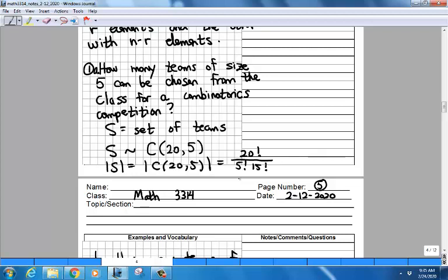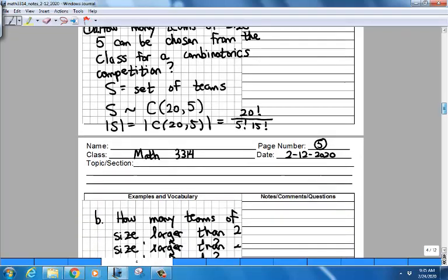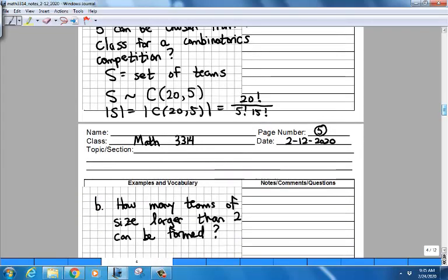I'm not going to do the calculations there. By the way, you may wonder, and this is a good question, why this number of teams of size 5 has to be an integer. I mean, you can't have a fractional number of teams.